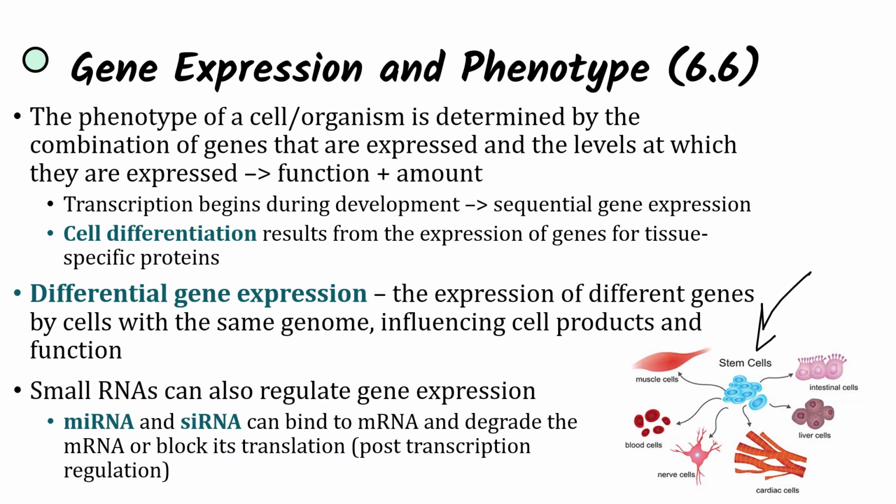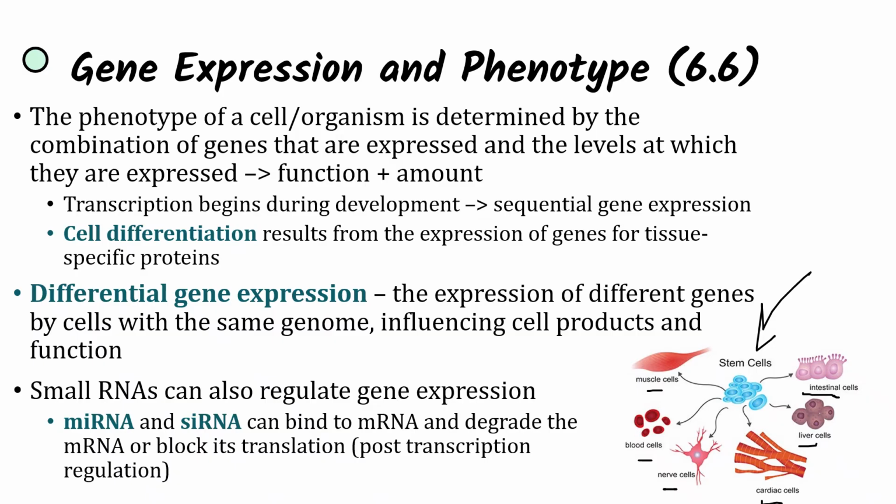But within eukaryotes, within us, we have all these different kinds of cells with specific functions: intestinal cells, liver cells, cardiac cells, nerve cells, blood cells, muscle cells, and these all occur from regulation of gene expression. So we have differential gene expression, the expression of different genes by cells with the same genome, and that's going to influence the cell products and the cell functions.